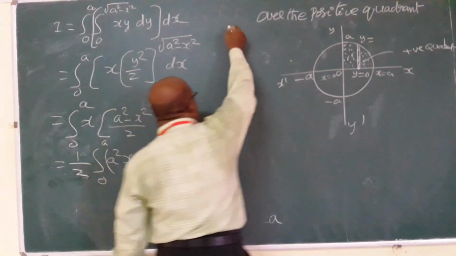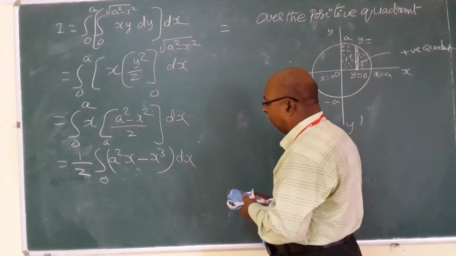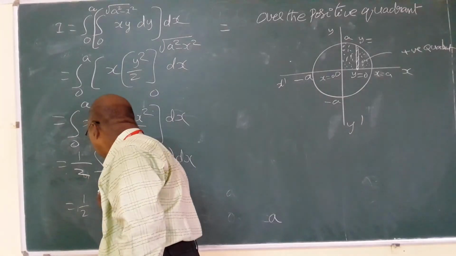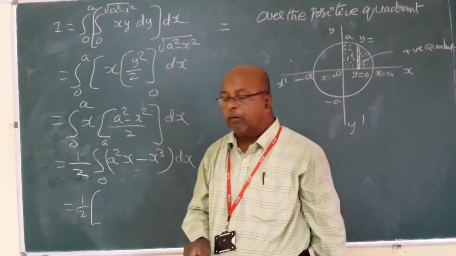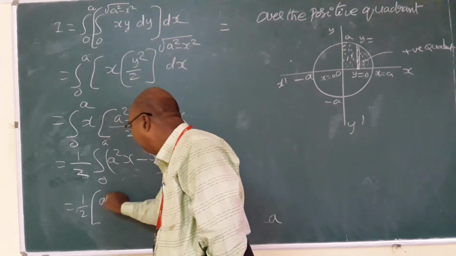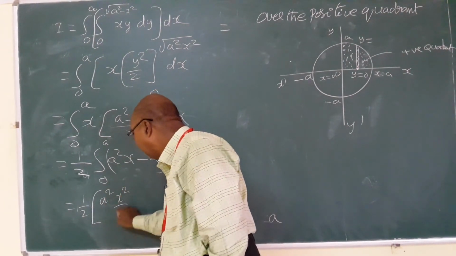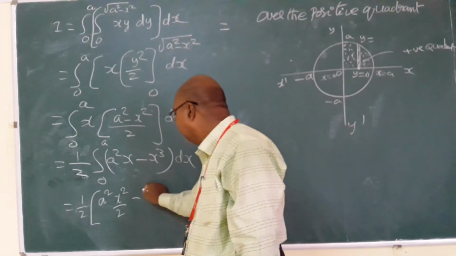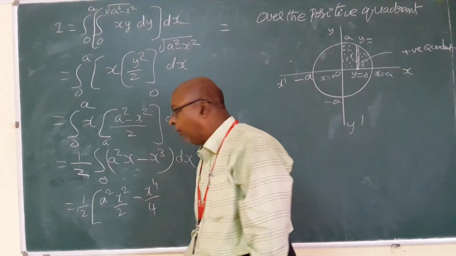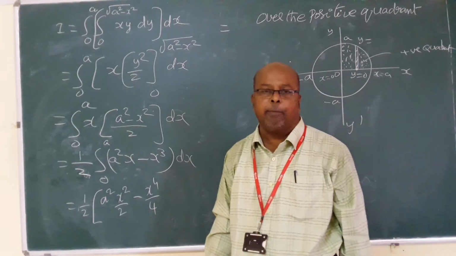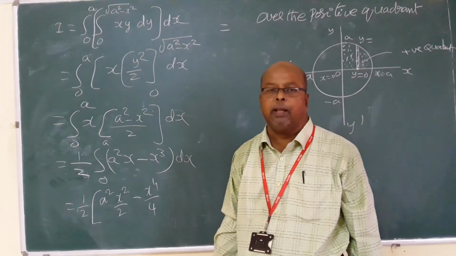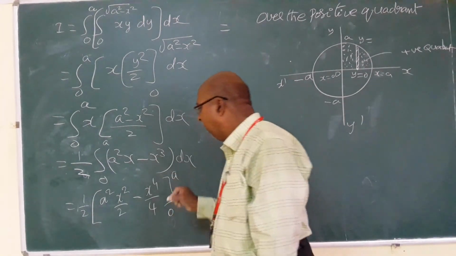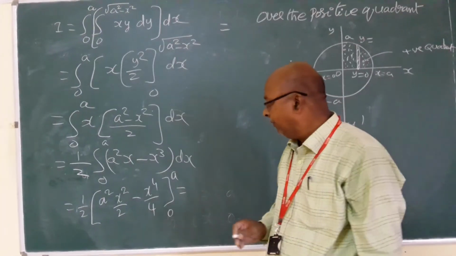That is equal to 1 by 2. Integration: a square is constant, integral of x is x square by 2, minus x cube integration is x power of 4 by 4. The formula is x power of n plus 1 by n plus 1, x power of 3 plus 1 by 3 plus 1. Very elementary, intermediate formulas.